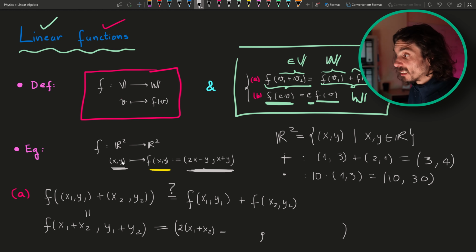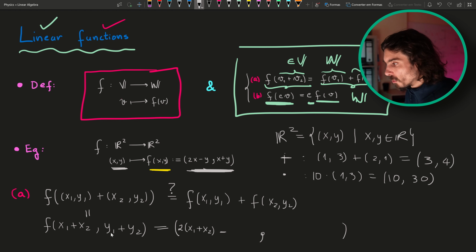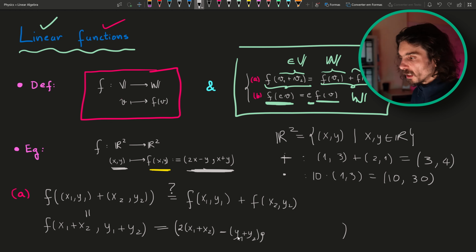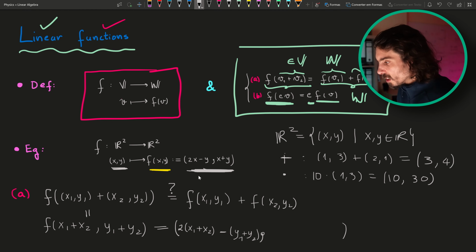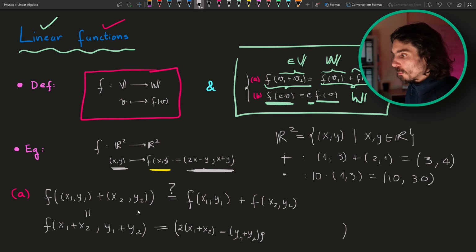But what is y? This is the second entry. But what is the second entry? It is y1 plus y2. Can you see how we do this? We just substitute what is generic here into something specific.